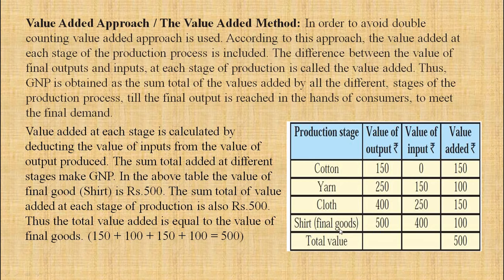So the price of the shirt is 500 rupees. The sum total of value added at each stage of production is also 500 rupees. Look at the table. The cotton price is 150, yarn is 100, cloth is 150, shirt is 100, and so the final total value is 500. So 150 plus 100 plus 150 plus 100 is 500.